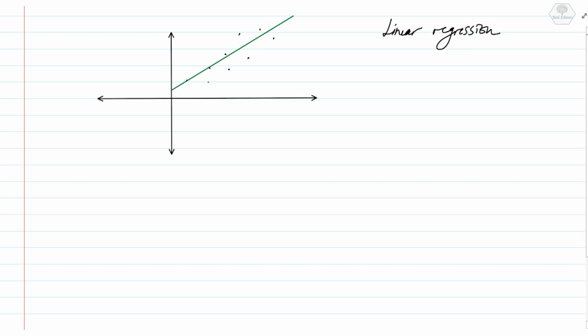But here for the regression, we can do it using our graphical display calculators. So the equation of this line is in the form y equals ax plus b, where a and b are constants to be found. The purpose of finding the line of best fit is for prediction purposes.